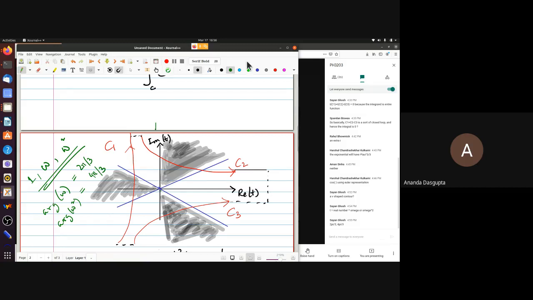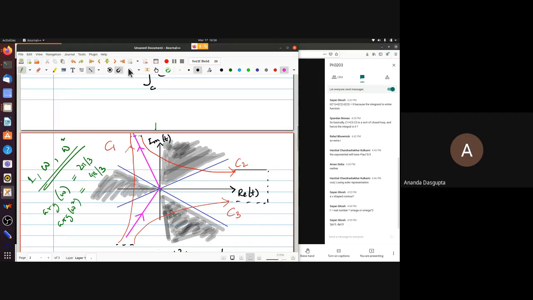So basically, if you take a contour which goes like this, remember we are dealing with a contour of type C1, so it has to start in this sector, so it has to go like this, making an angle 4 pi by 3, and then shoot off to infinity, making another angle which is 2 pi by 3.